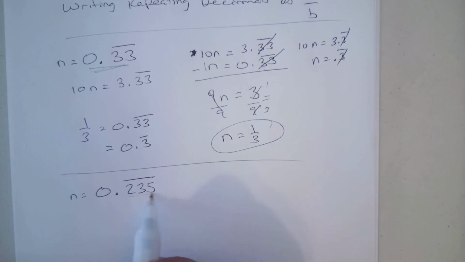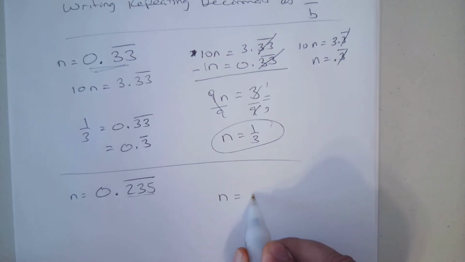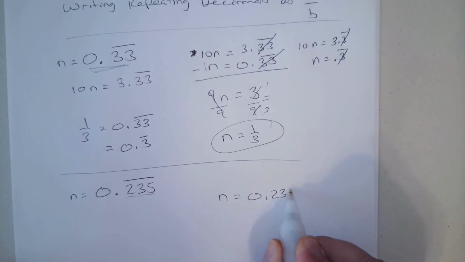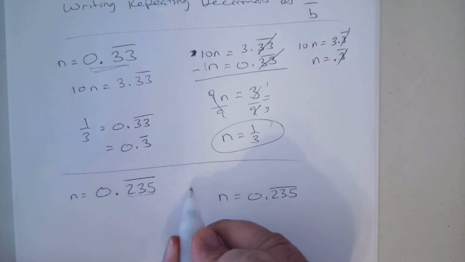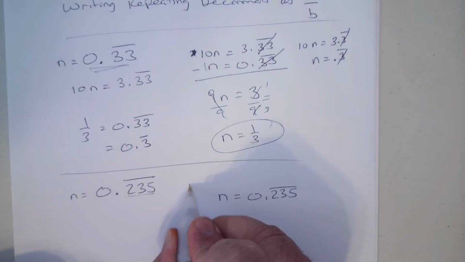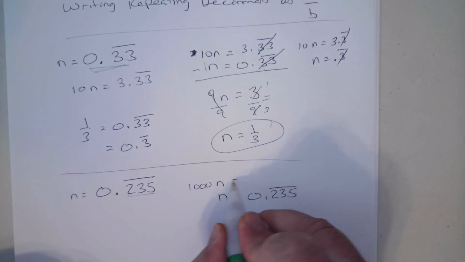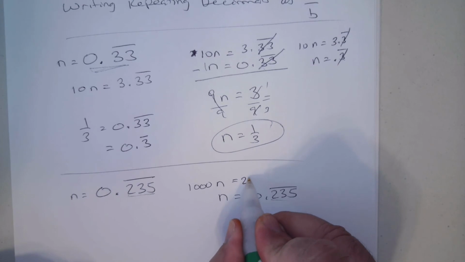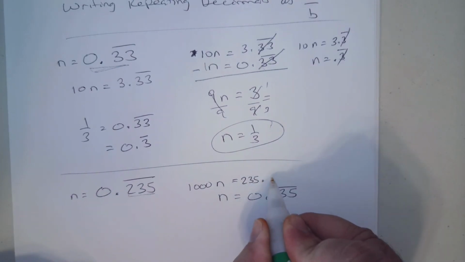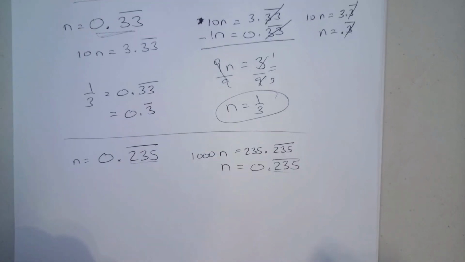Since this one has 3 of them, I have to multiply by 1,000. If I multiply by 1,000, then these 3 numbers go in front, and everything else, the repeating patterns, go behind it.